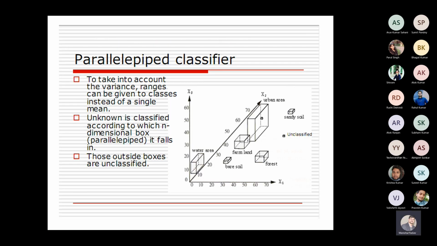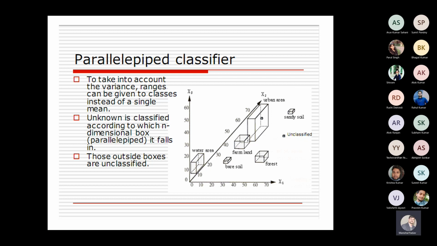Now, when we use different decision rules on the basis of defining a different way of estimating the closeness, we have another type of classifier, that is the parallelopiped classifier. Okay, like in two-dimensional Euclidean space, I told you, we generate a minimum bounding rectangle.